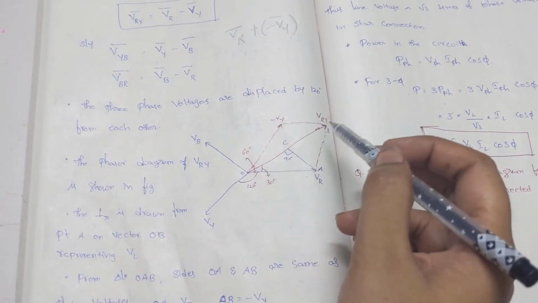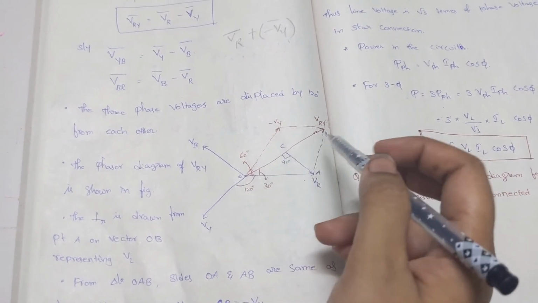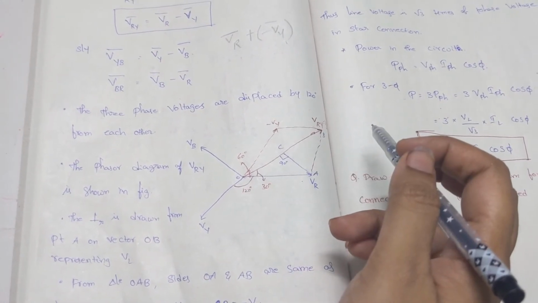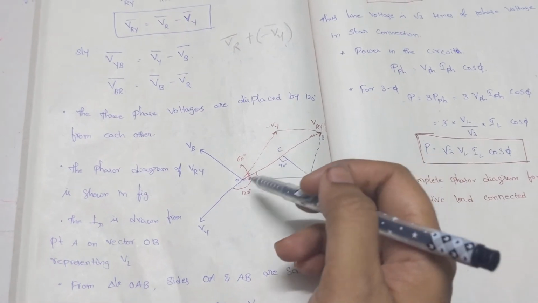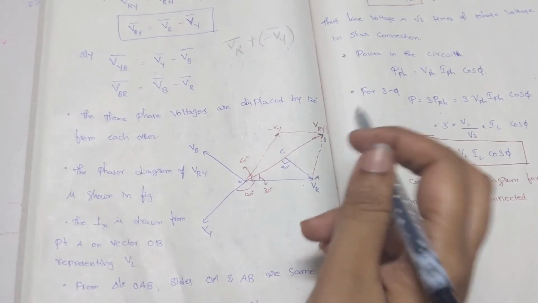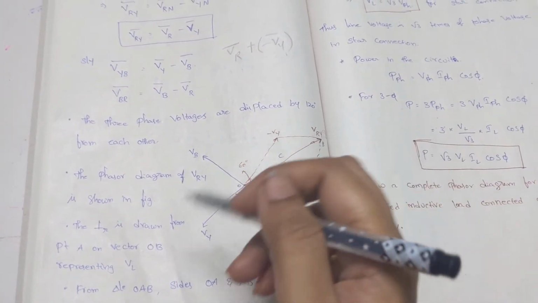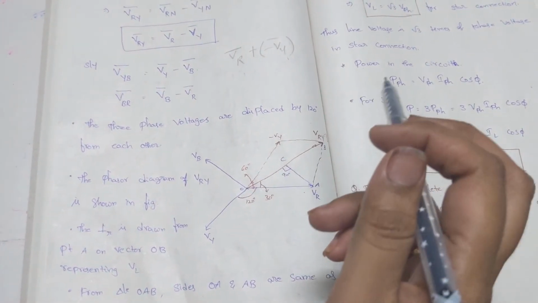The diagonal passing through these lines is nothing but the resultant, and this resultant bisects the angle exactly into half.